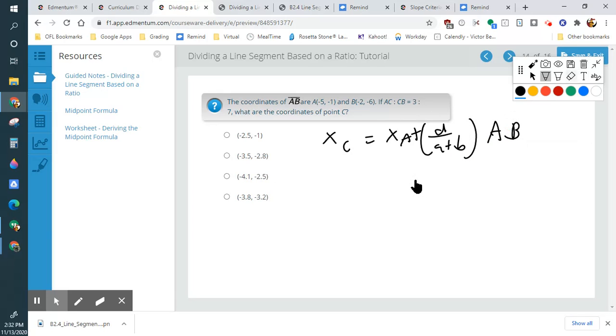And my AB, if you remember, was literally just x of B minus x of A. All right, so we have that. So let's take a look here. CB is that. Unfortunately, what's happening here is we have to do this twice because the x's and y's aren't matching up. So I have to do this also for the y's.